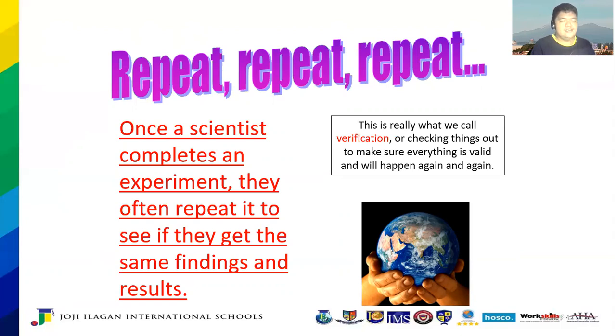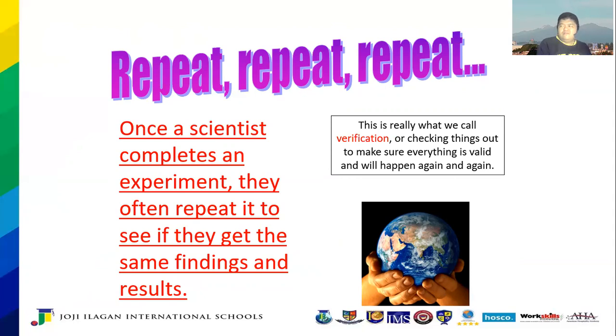Tama ba? So once a scientist completes an experiment, they can often repeat it to see if they get the same findings. Ganun lang yan. Maybe later on, kung may mangyayaring genetic modification sa Mongo, ang mangyayari sa next experiment, pag ilagay ko si B sa less sunlight or walang sunlight at all, tutubo pa rin.